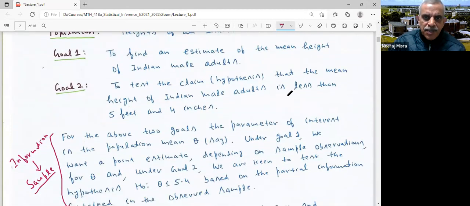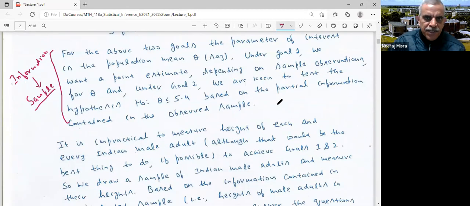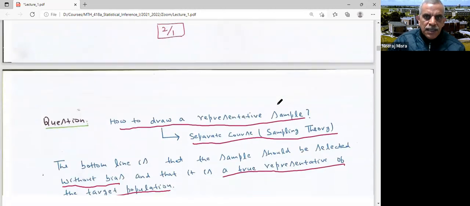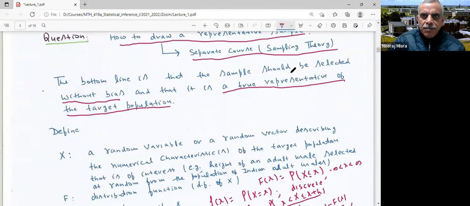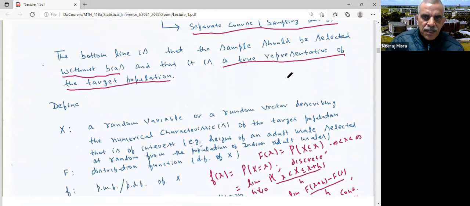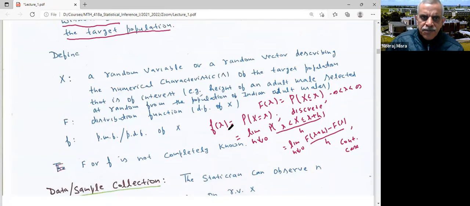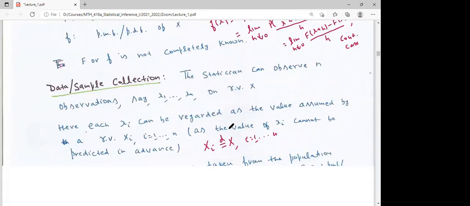Then I gave an example of a statistical inference problem. Then we talked a little bit about how to draw a sample, which is a true representative of the population. Then we gave a formulation of the statistical inference problem.